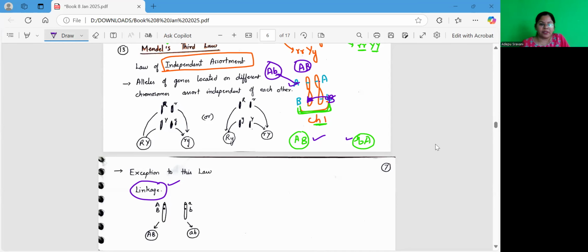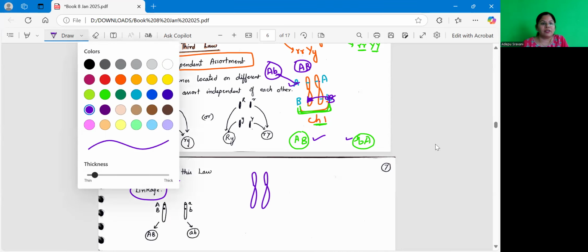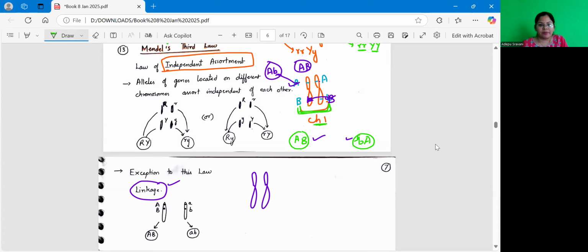So here, let us say these are the two homologous chromosomes we have. Now on this chromosome, let me consider these are the two genes we have: capital A and capital B, small a and small b. Clear? Now if you look at the distance between these genes, the distance is very, very less, isn't it?